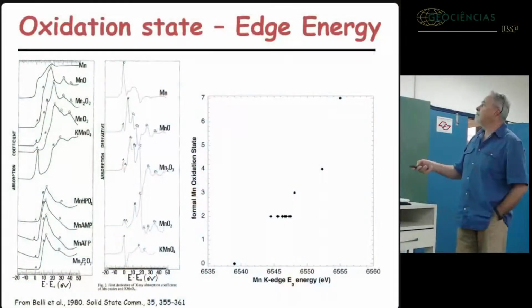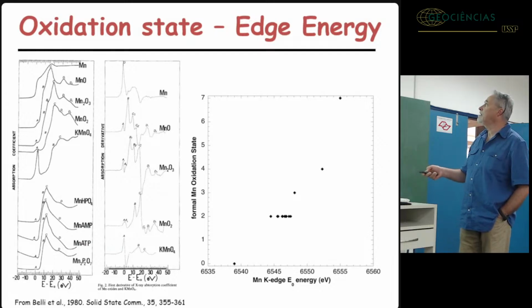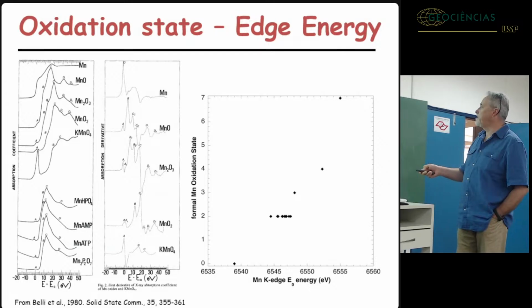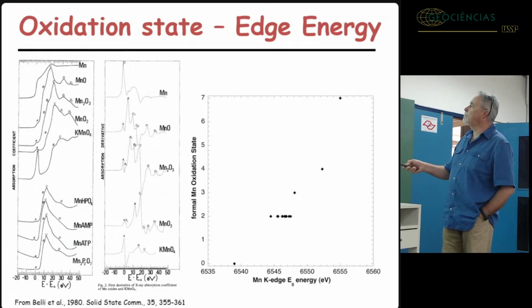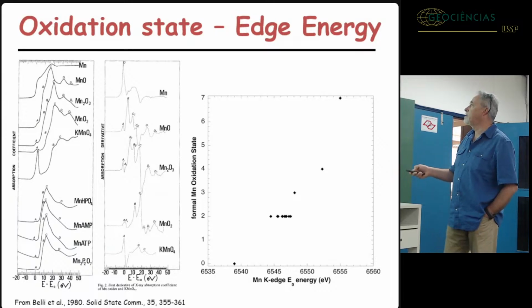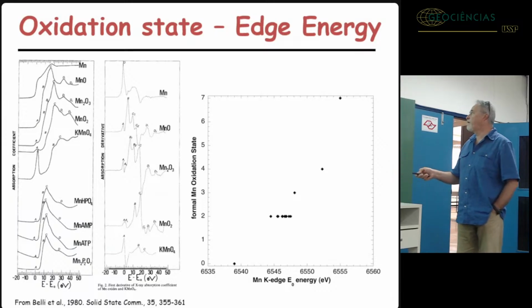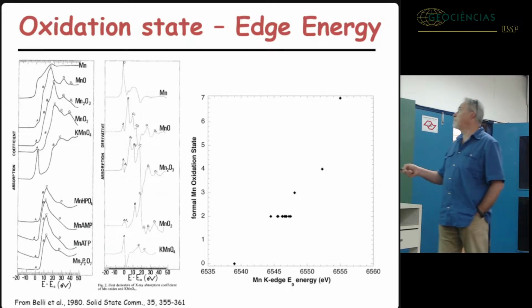Here, again, to say the same concept, a number of manganese compounds. Those are the first derivative spectra of the XAS spectra shown here. And here are computed the edge energies in electron volts of those compounds as a function of the nominal oxidation state of manganese. Again, here we go from 0 for the metallic manganese to +7.